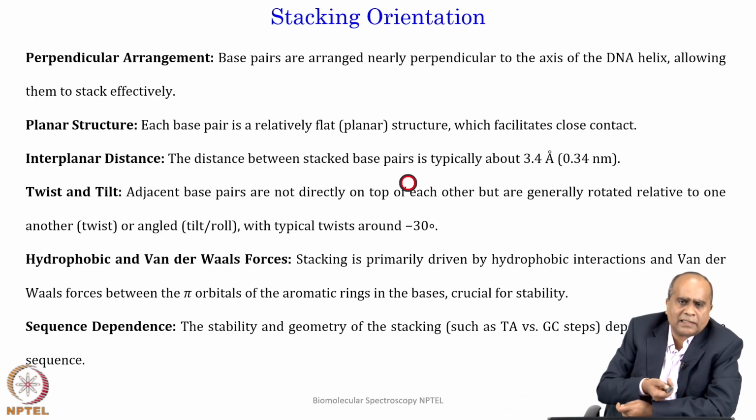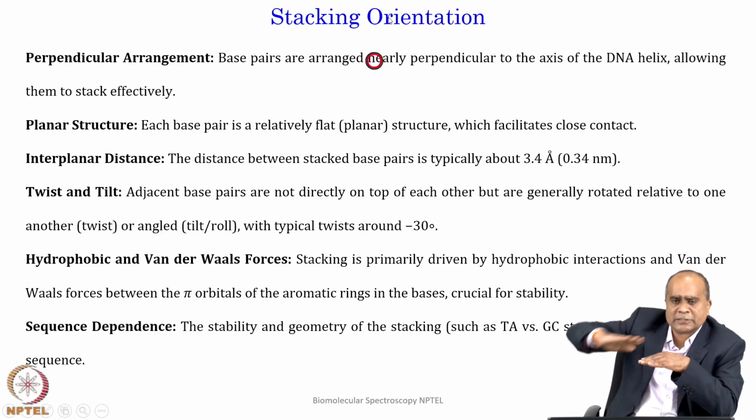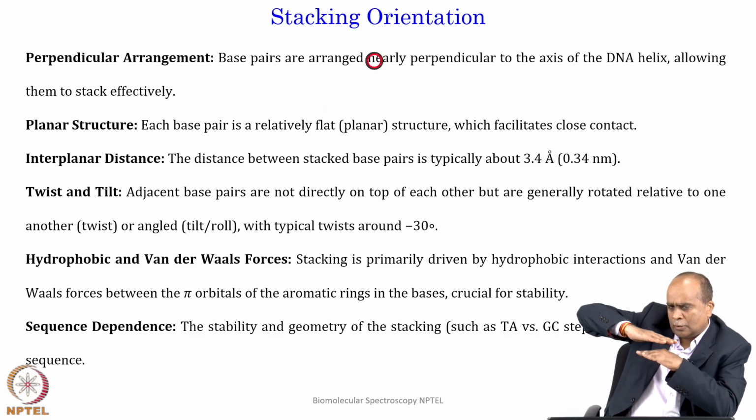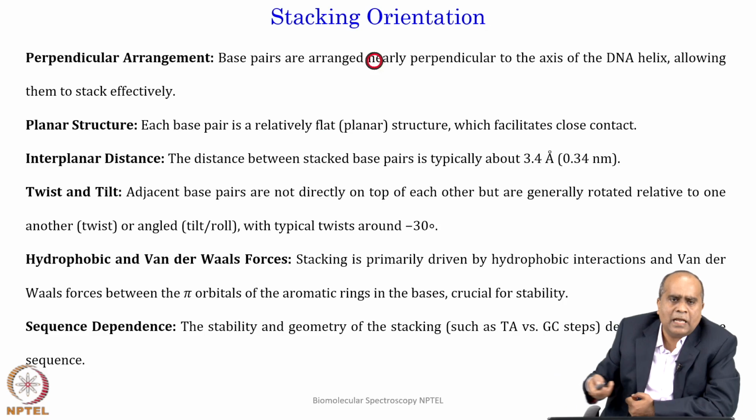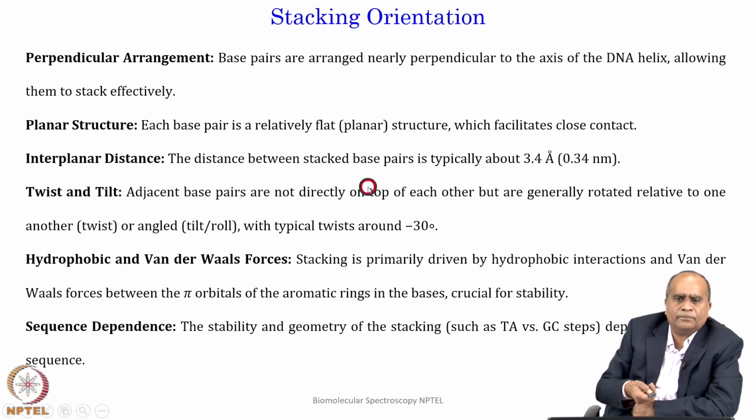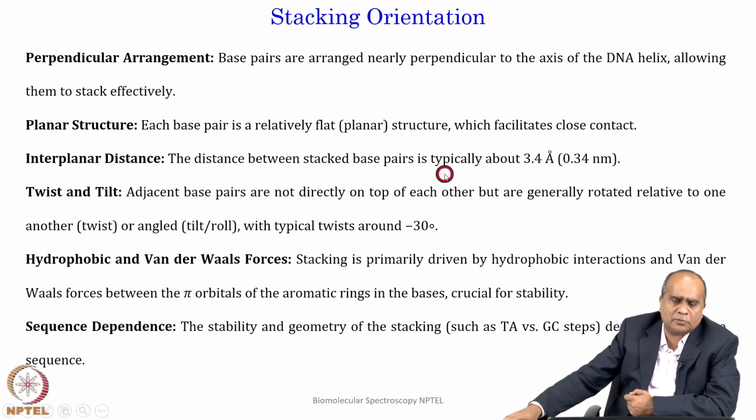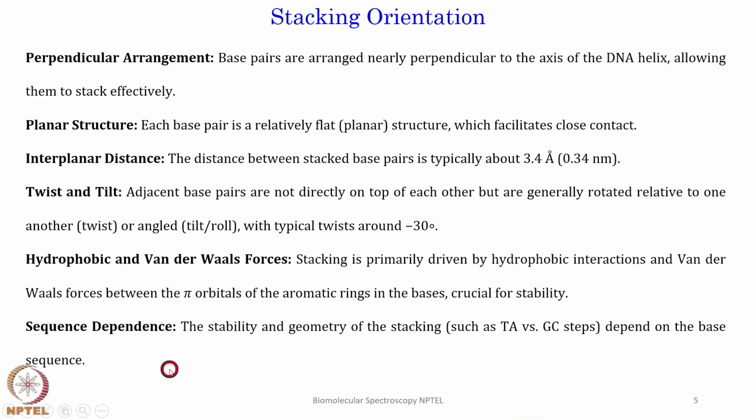So, in pi stacking, it can be best optimized if it is tilted or twisted or slightly adjusted, and the typical twist is about minus 30 degrees. Among all the stabilizing interactions, hydrophobic or van der Waals forces determine what kind of stability they get. It is an interaction between the pi orbitals of the aromatic rings in the bases, which is crucial for stability. This provides additional stability of DNA other than the hydrogen bond.